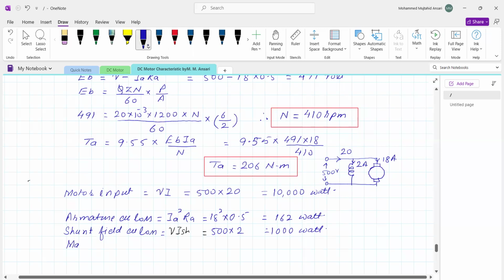Magnetic and mechanical loss, as it is already given, is 900 watt.